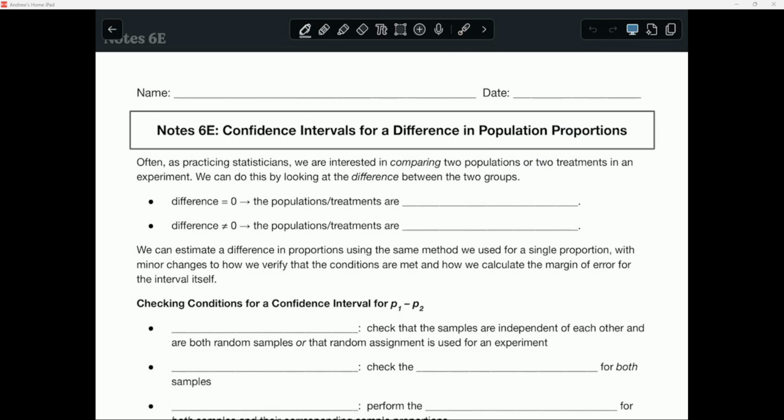We do this by looking at the difference between the two groups, p1 minus p2. If the difference is equal to 0, then we say the populations or treatments are equal. And if the difference is not 0, the populations or treatments are different.